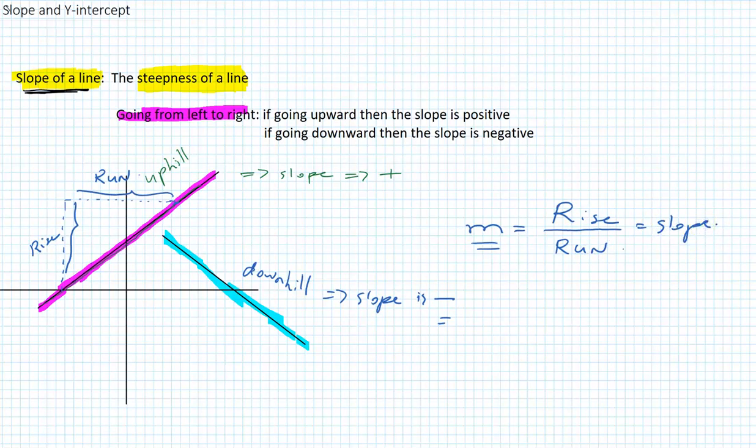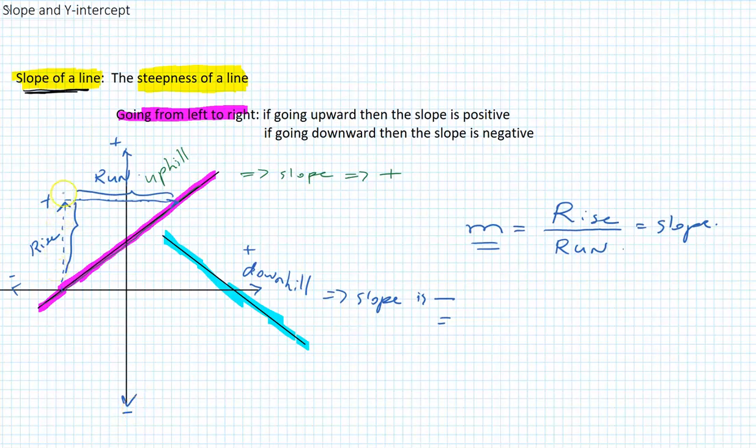Okay, and remember, if it's going uphill from left to right, it's positive because you're going up. Remember on the regular Cartesian coordinate plane, right on the x-axis is positive, up on the y-axis is positive, left is negative, and down is negative.